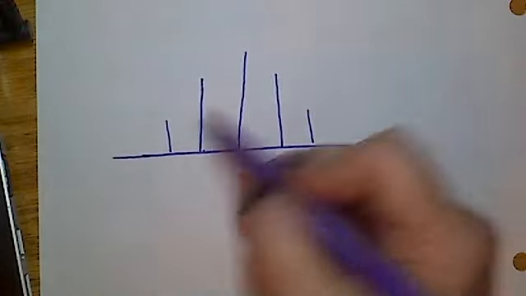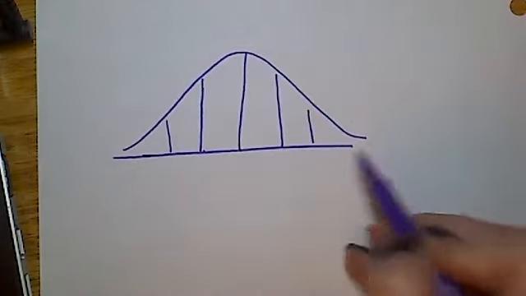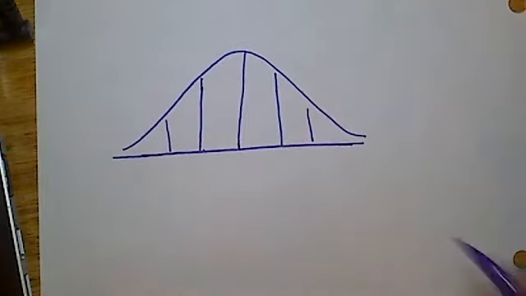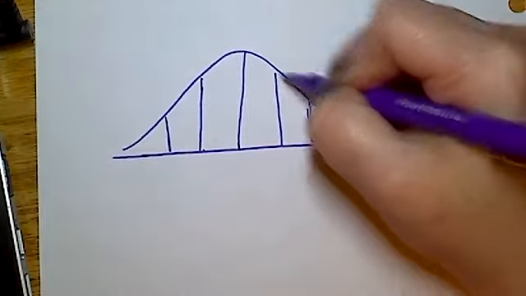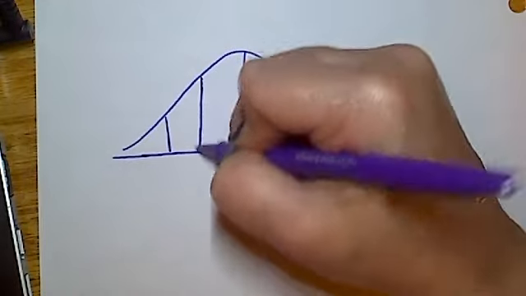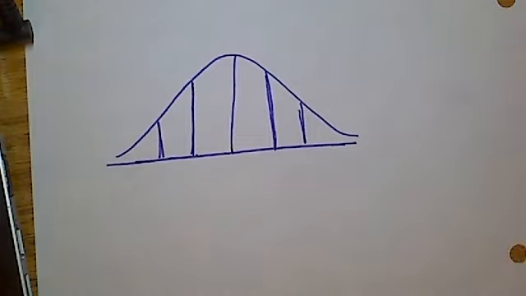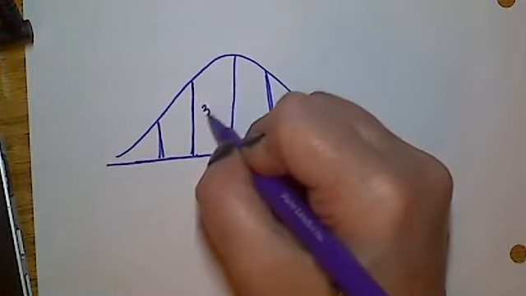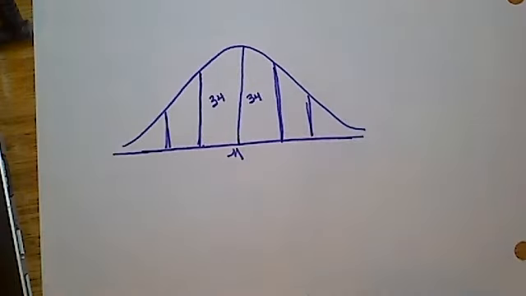That might help you get a little bit better at drawing these, because sometimes it can be kind of difficult, especially at first. But once you get the hang of it, it gets a lot better. Okay, so right here, go ahead and label. Remember, we're going to have 34, 34. Put your mean in the middle.